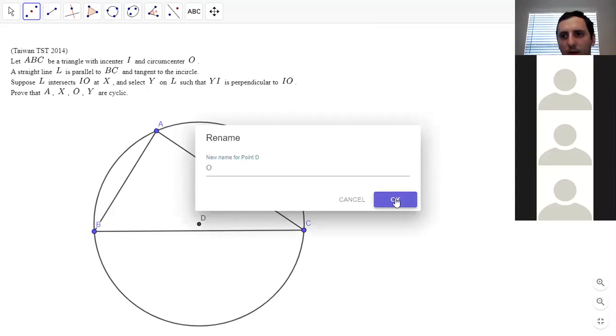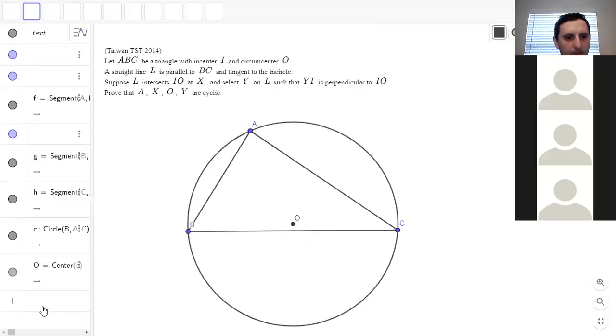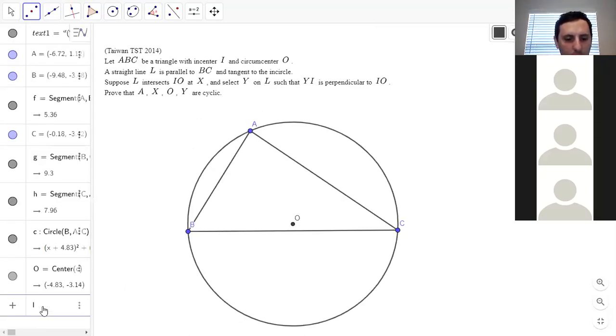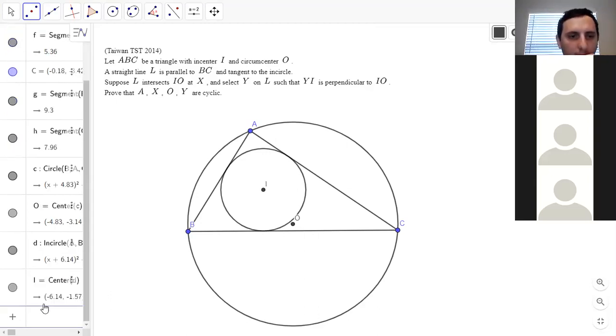All right, we draw the incenter. And L is drawn parallel to BC and tangent to the incircle.